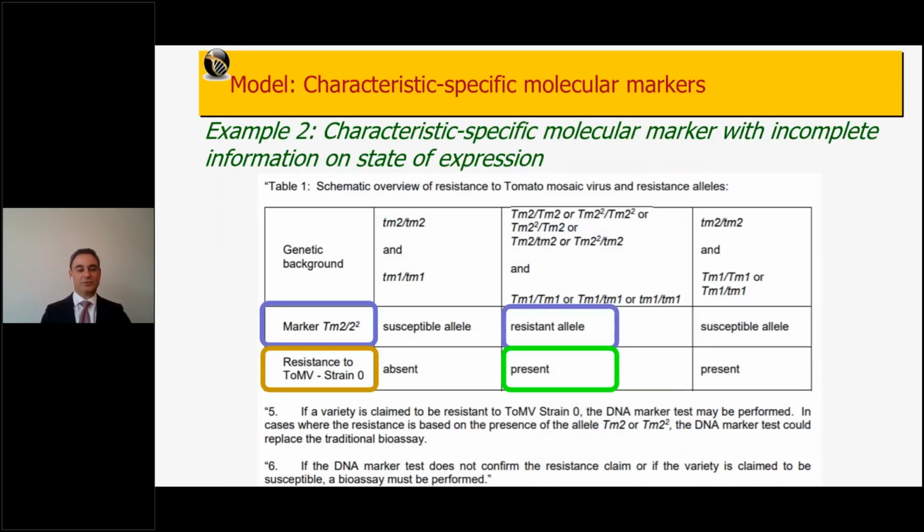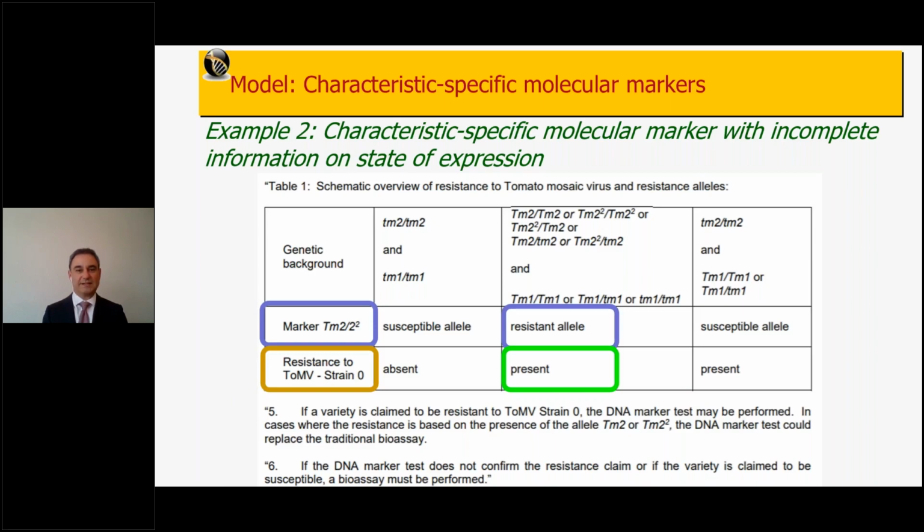The second example of this same model of characteristic-specific molecular markers is the characteristic-specific molecular marker with incomplete information on state of expression. Here is a reproduction of the text in document TGP 15 with the example that is provided for such a marker with incomplete information on state of expression.